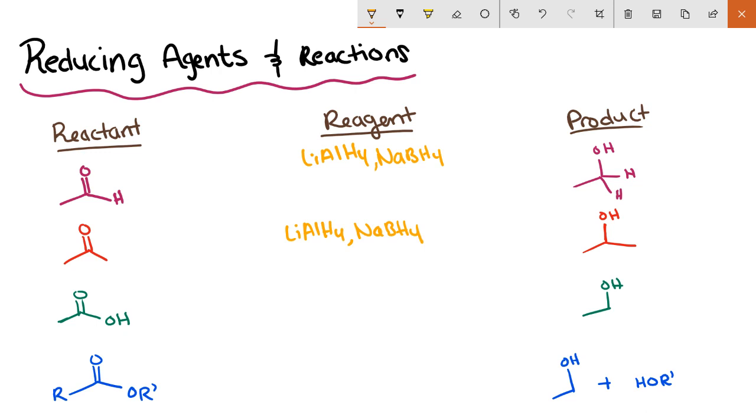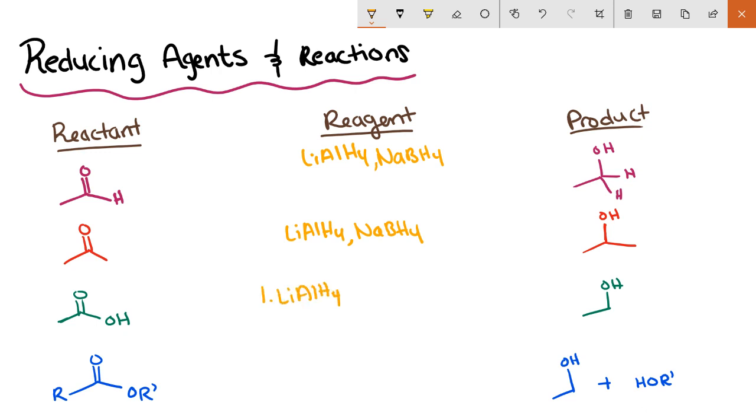Alrighty, so the one in green, now we've got a carboxylic acid going on, and we're taking this carboxylic acid down to an alcohol. So what we're seeing here is we're essentially removing 2 bonds from oxygen. This really requires a strong reducing agent, and usually this can be done by LiAlH4.